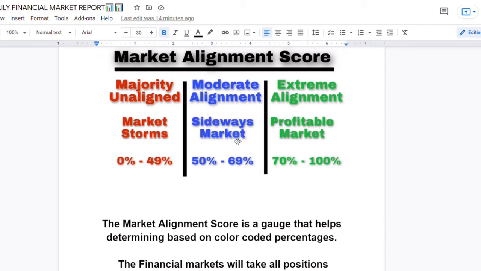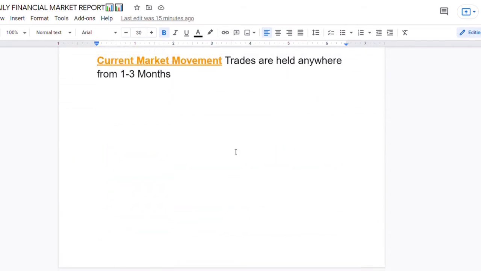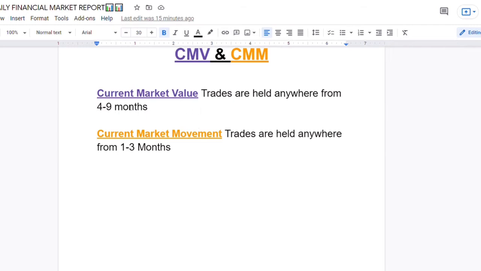This gives you an opportunity to figure out, because everyone is different, so every investor will be different. Some investors will prefer to take current market value. Here's CMV. Some investors will prefer to take current market movement. So just off that, you're going to have two types of investors that are going to be leaning more towards one spectrum than the other.